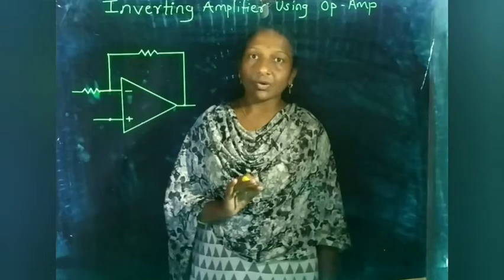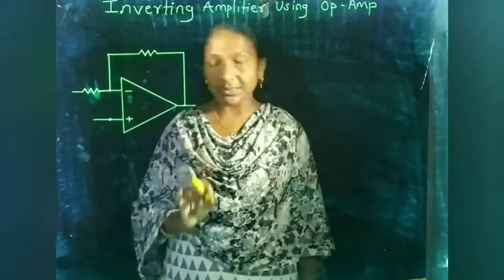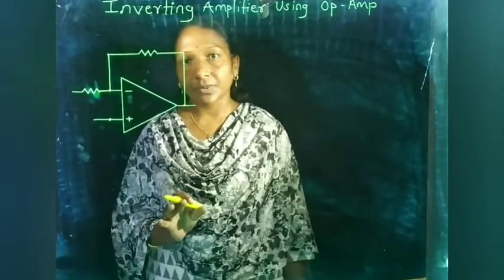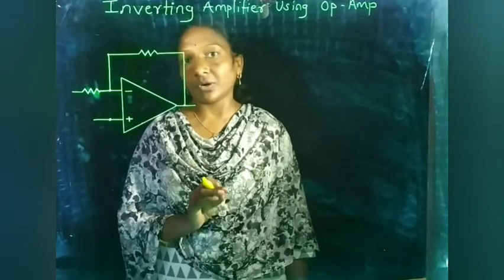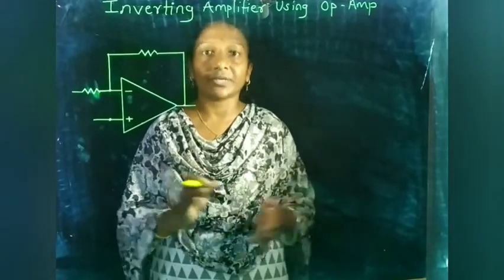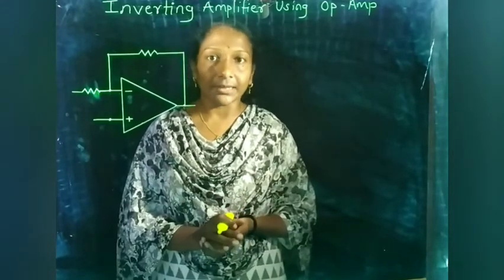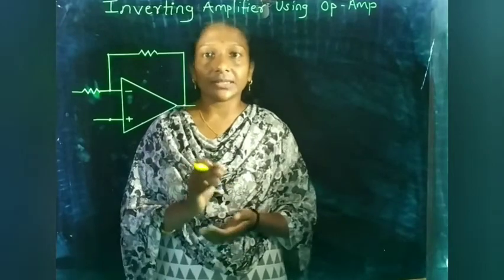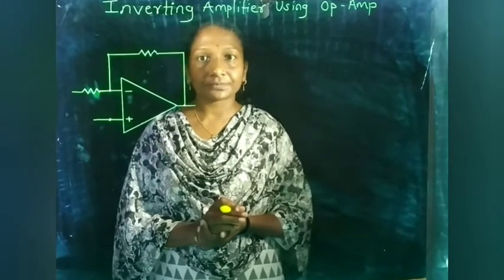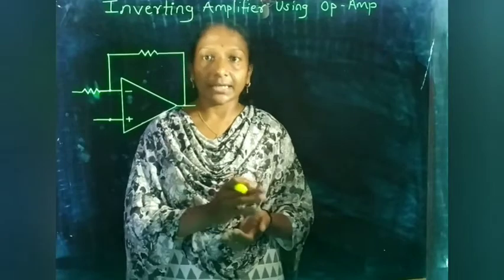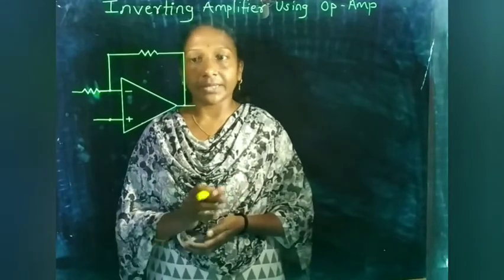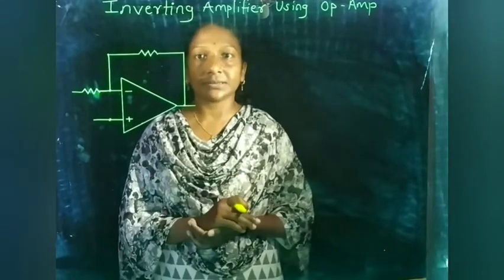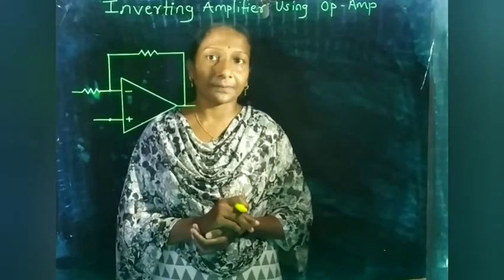With the addition of suitable external feedback components, we can use this operational amplifier for different types of applications like AC DC signal amplification, oscillators, active filters, comparators, integrators, differentiators, etc.